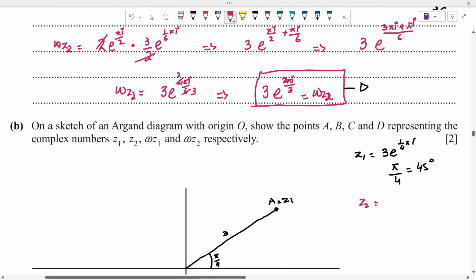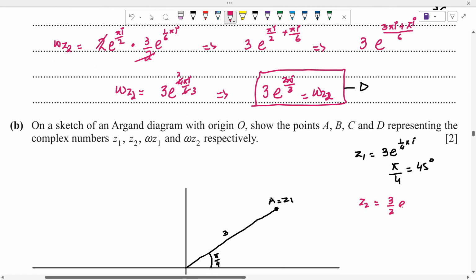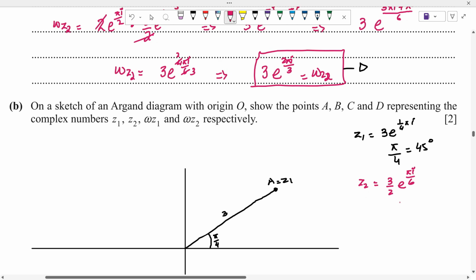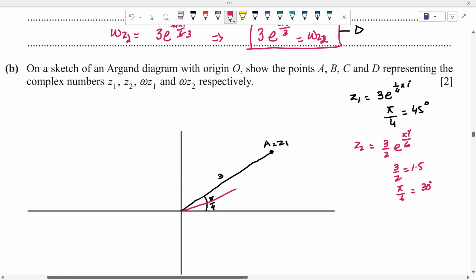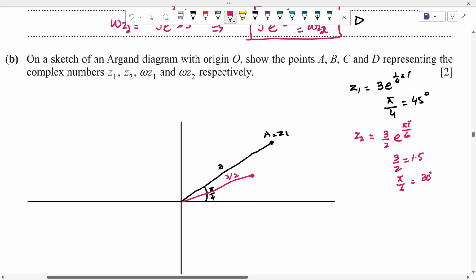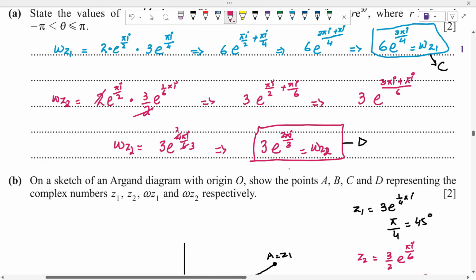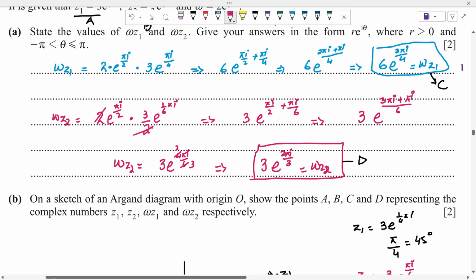Now similarly, z2 is equal to 3 over 2, means 1.5, exponential of pi by 6 iota. In this case, magnitude is 3 over 2, means 1.5, and pi by 6 is equal to 30 degrees. So the length is 3 by 2 and the angle is pi by 6, and this point represents B, which is z2. Now let's move to point C, which is omega z1.